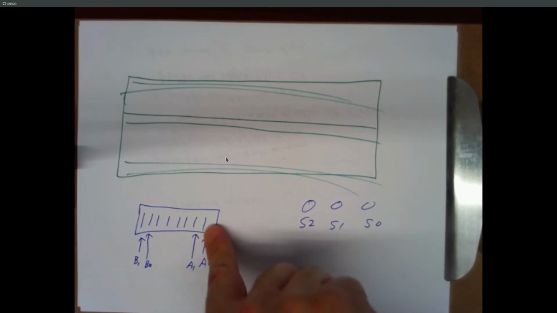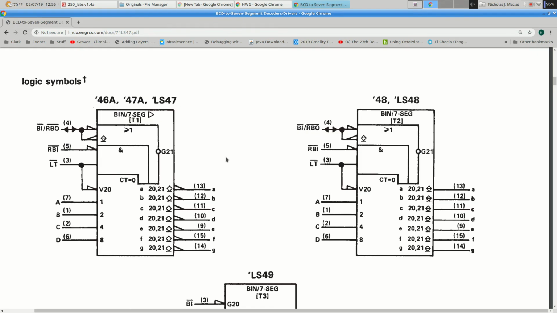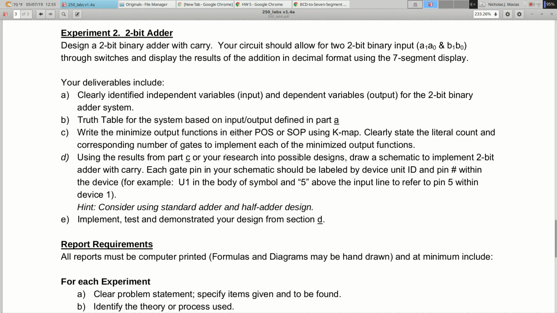Don't intertwine A0, B0, A1, B1, right? Separate them out. It will make it easier to test. All right, and then build your circuit, demonstrate it to somebody, get a signature showing that it worked, you're good to go. Lessons learned, new experiment at the end as usual.